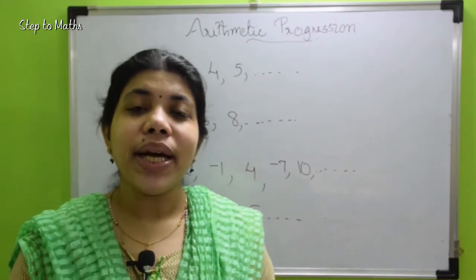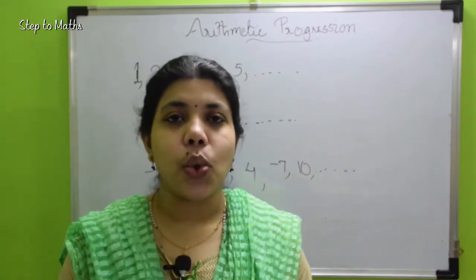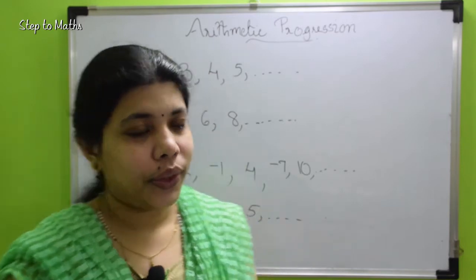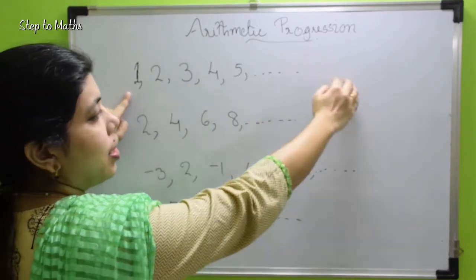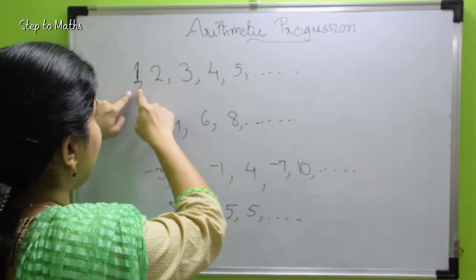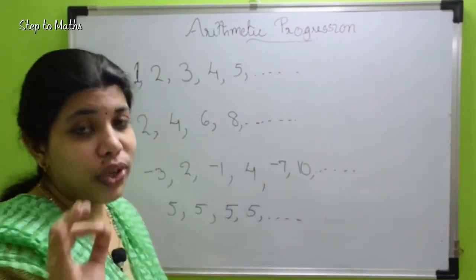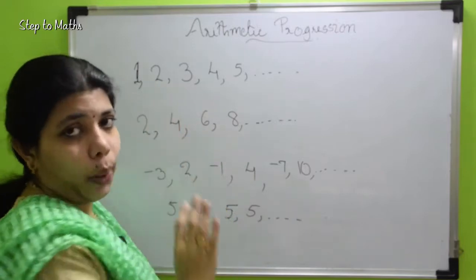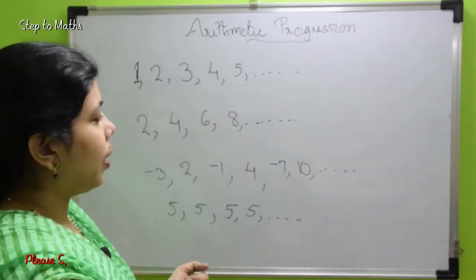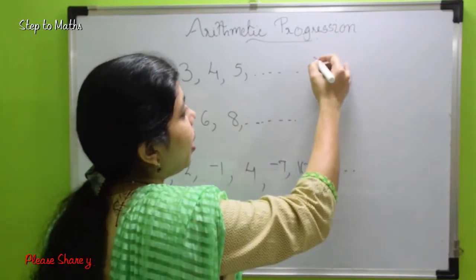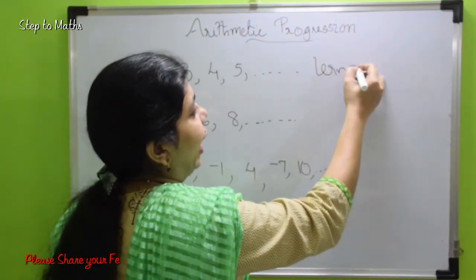Each number in the sequence is known as a term. 1, 2, 3, 4, 5, etc. is a sequence, and 1 is the first term in this sequence. 2 is the second term.